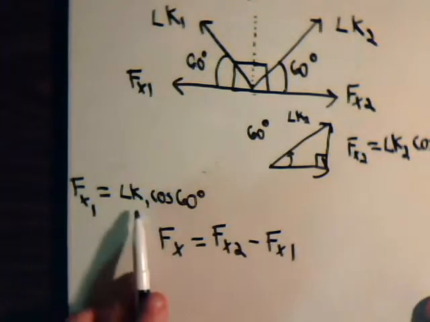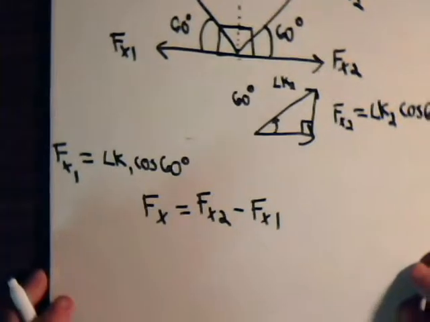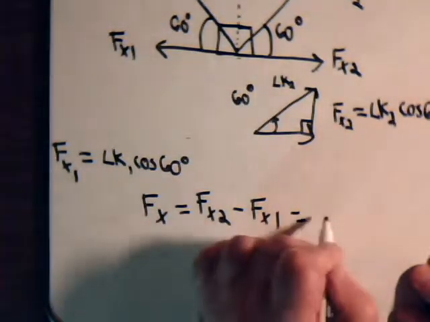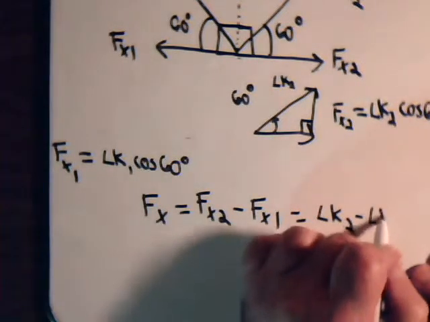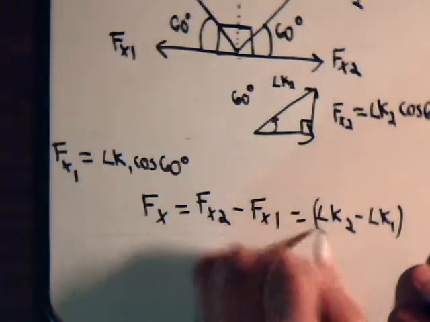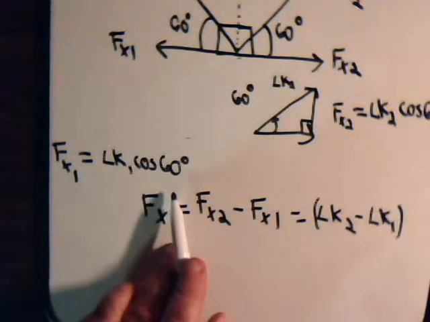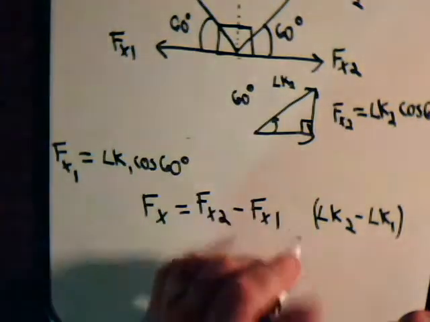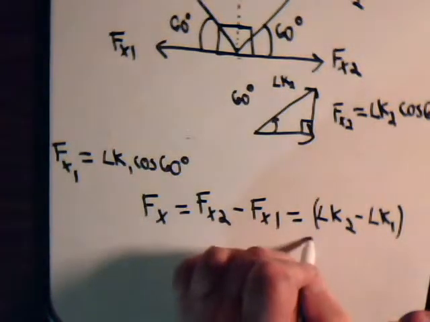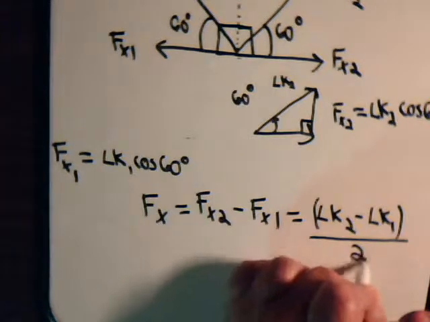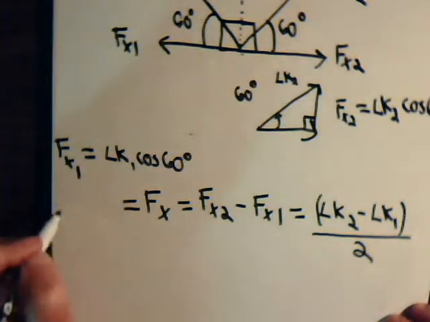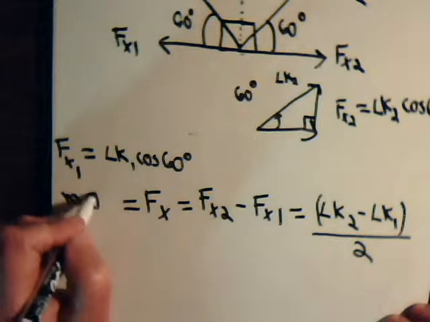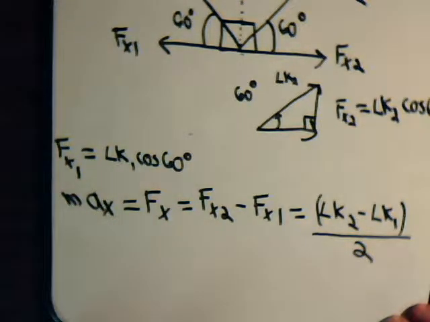Fx2 is this, Fx1 is this, so that equals L k2 minus L k1 times the cosine of 60 degrees, and the sine of 30 degrees is the square root of 3 over 2, so the cosine of 60 degrees is 1/2. So that's the force in the x direction, and of course that will equal the mass of the block times its acceleration in the x direction.